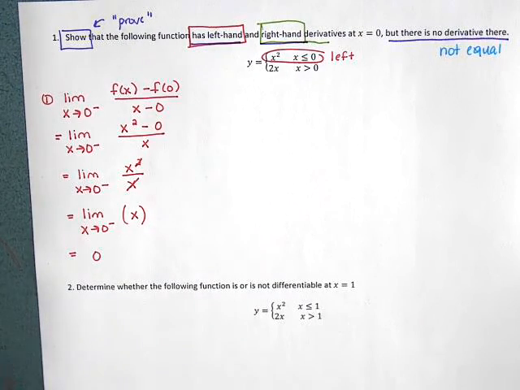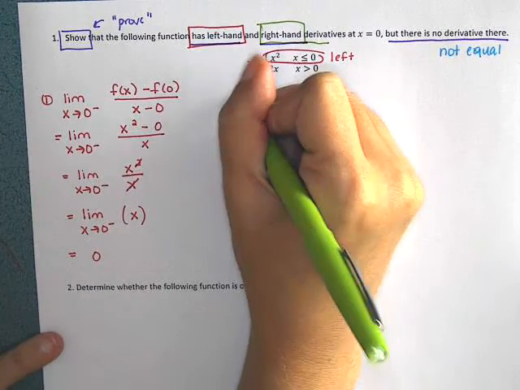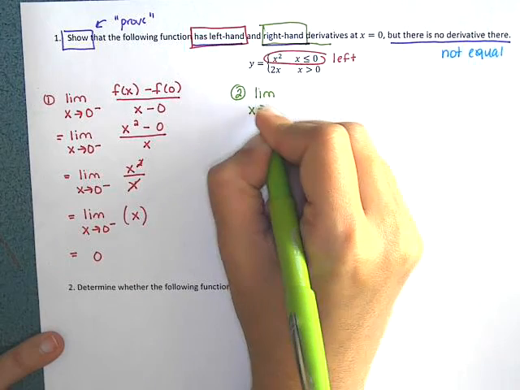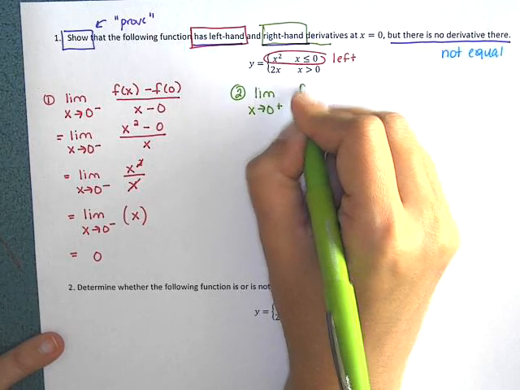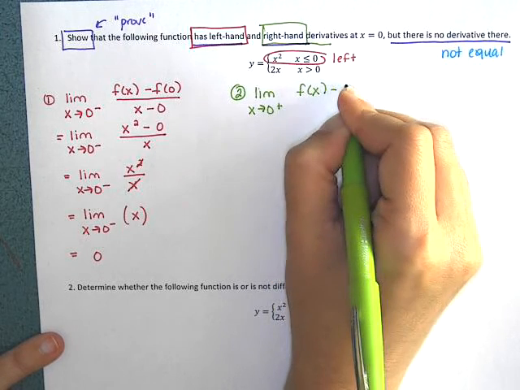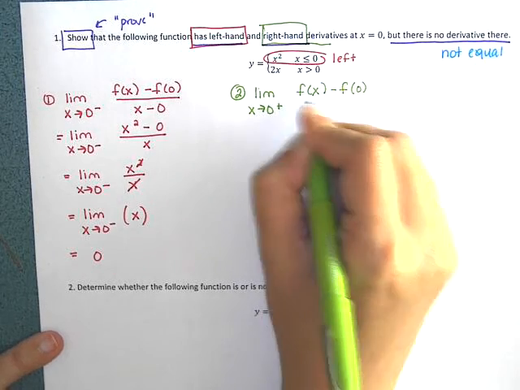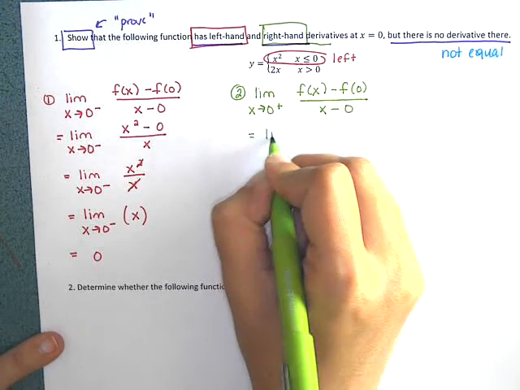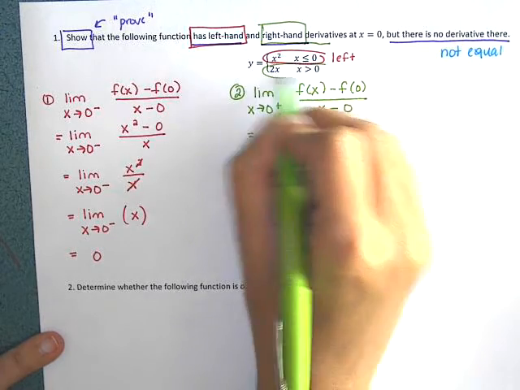Next, I'm going to find the right side derivative. So I'm going to look at the limit as x approaches 0 from the right of f of x minus f of 0 all over x minus 0. In this problem, the bottom function controls the right side.